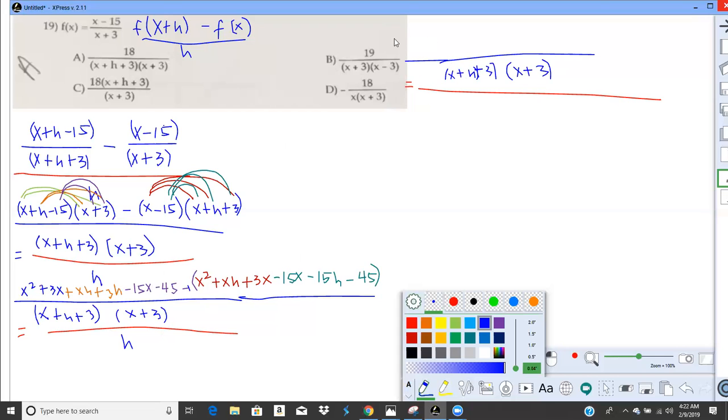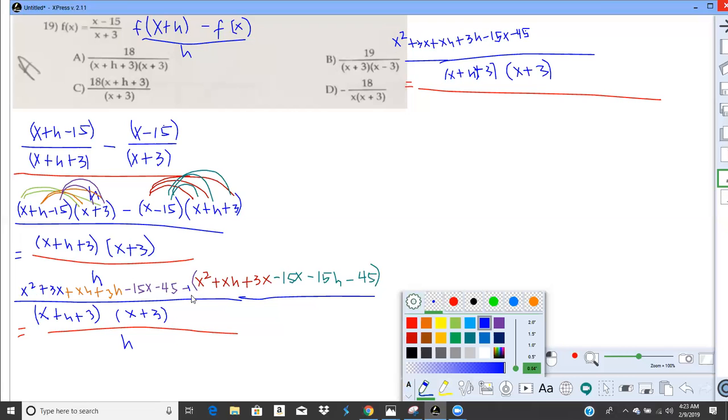So you have x squared plus 3x plus xh plus 3h minus 15x minus 45. That's everything here. Now, negative 1 times every single one of these, that means everything inside your parentheses will change sign.